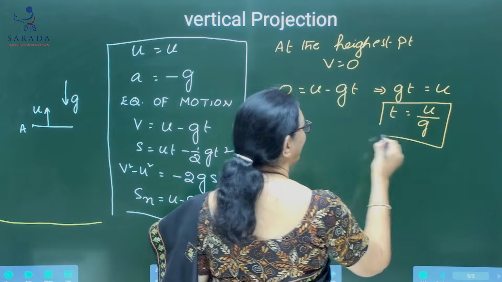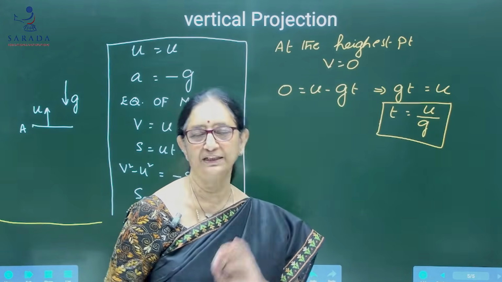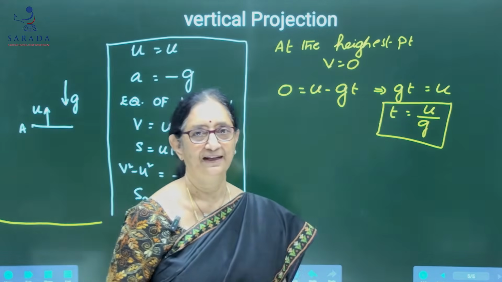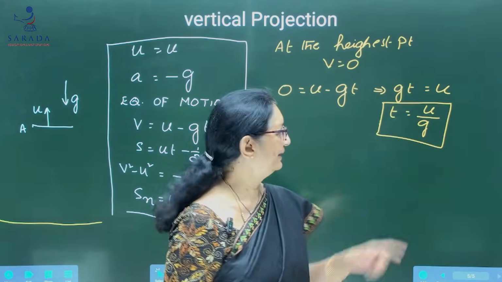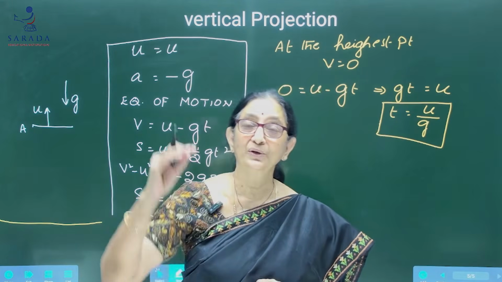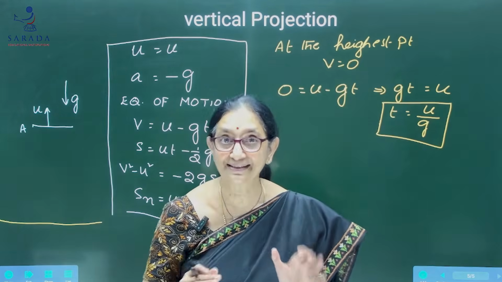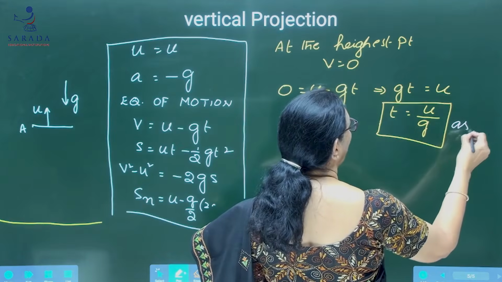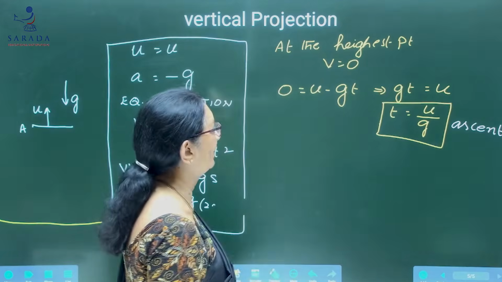What is this t? That is the time taken by the vertically projected body to reach the maximum height. So, carefully, a body is projected vertically up. Here this t is the time taken by the body to reach the maximum height. We call it the time of ascent. So, in case of vertical projection, time taken to reach the highest point is u by g.